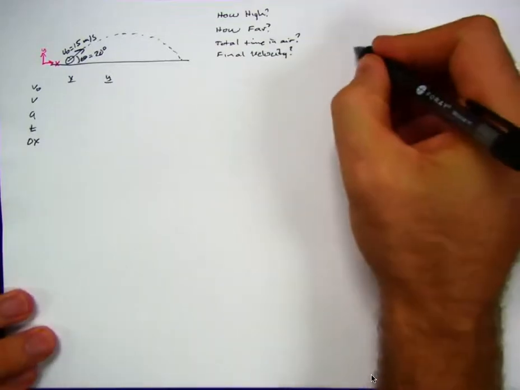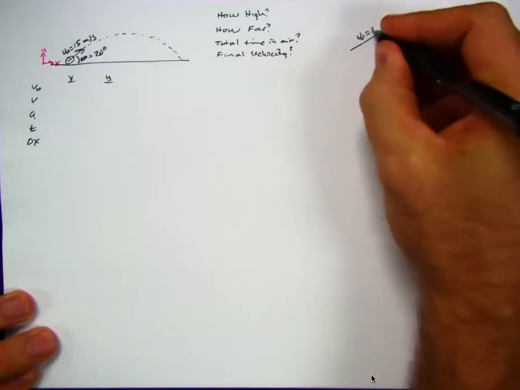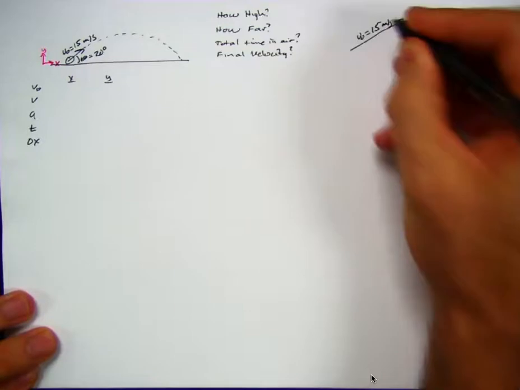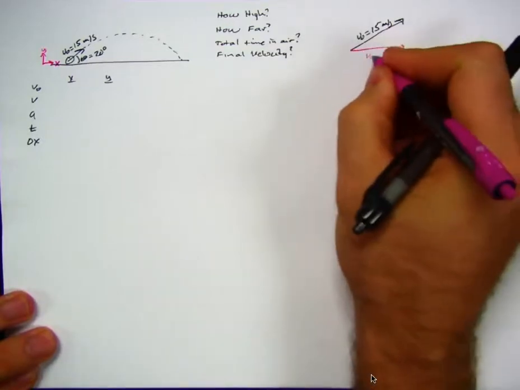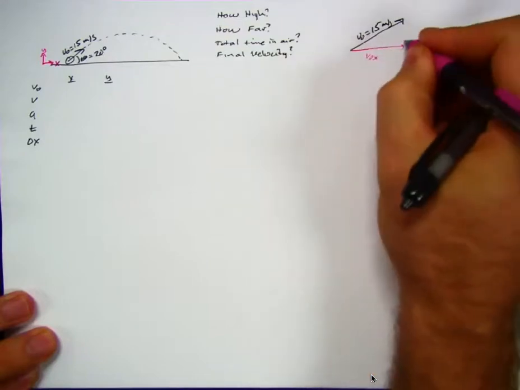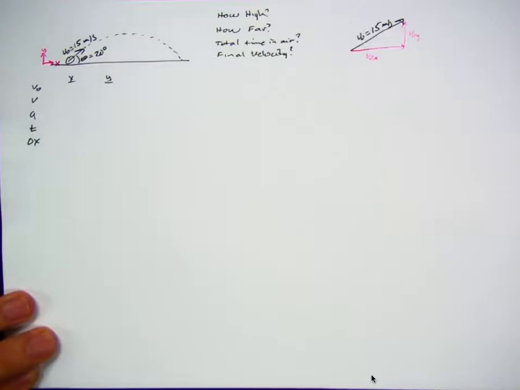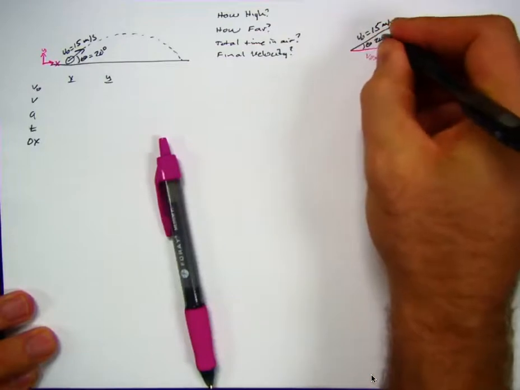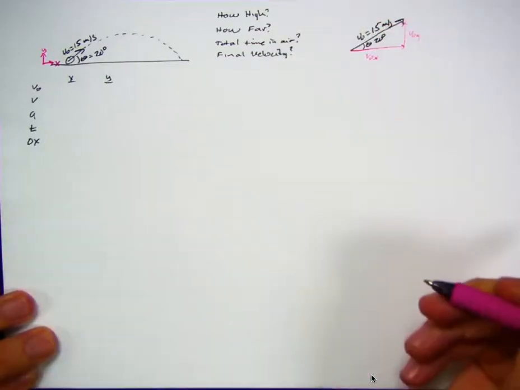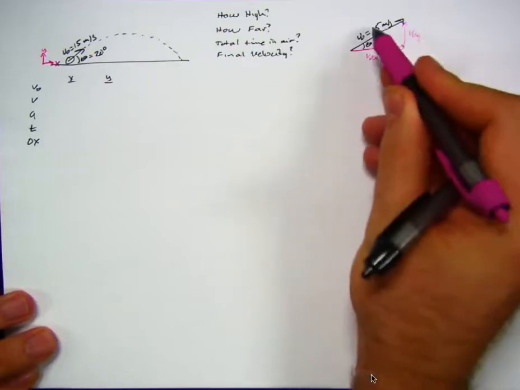So if my v0 is 15 meters per second, I'm going to break that up into two components: a v0 in the x direction and a v0 in the y direction. We know that the angle here is 20 degrees, so I could use my favorite trig function. I know that the sine of 20 degrees is opposite over hypotenuse.